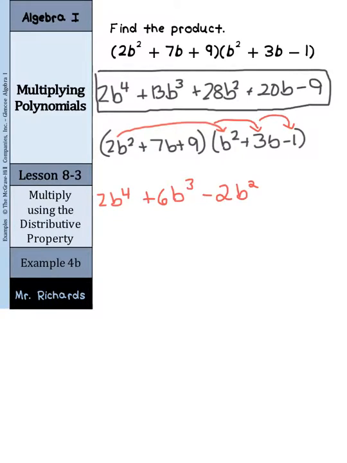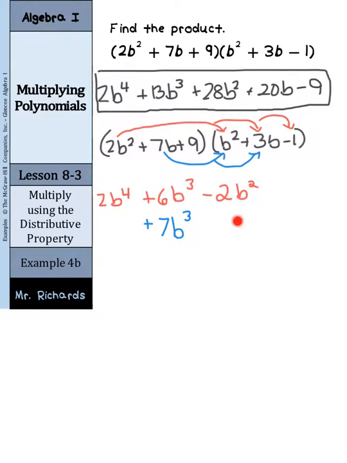All right, we're going to take 7b times b squared, and that's going to be b times b squared is b to the 3rd. So let's line it up here. 7b times b squared is a positive 7b to the 3rd.